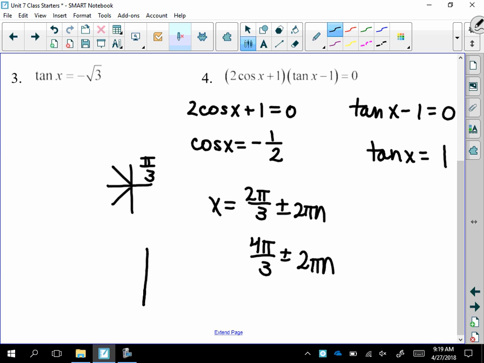And then what about when tangent's positive? First and third. Right? At what reference angle does tangent have a value of 1? Pi over 4. And that is in the first quadrant, so I'm going to tack on to the answers I already have. Pi over 4.